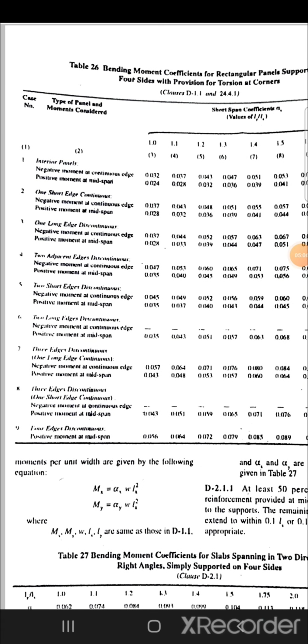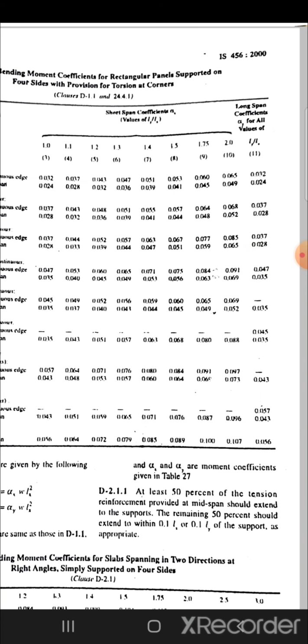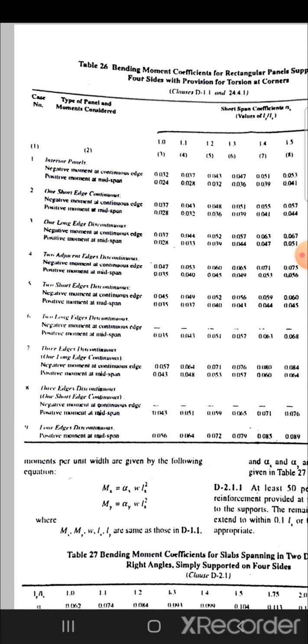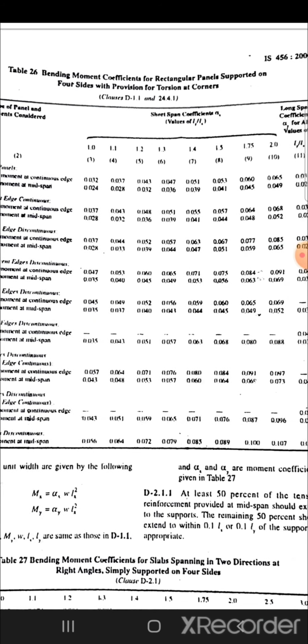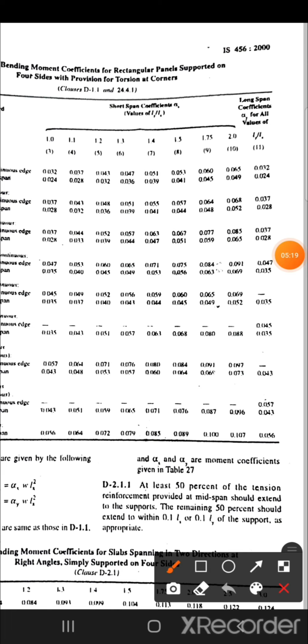First one is negative moment and second one is positive moment for short span. For long span, two adjacent edges discontinuous, they have provided 0.047 and 0.035.